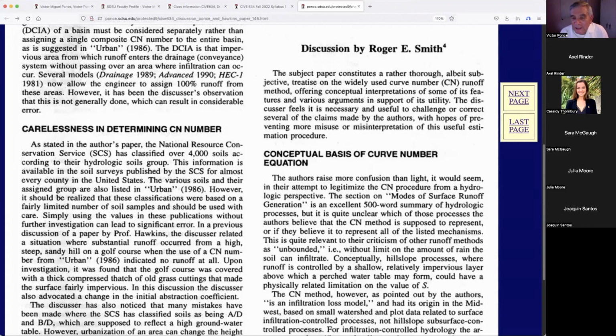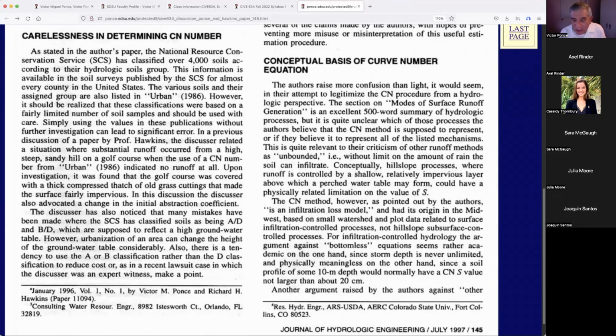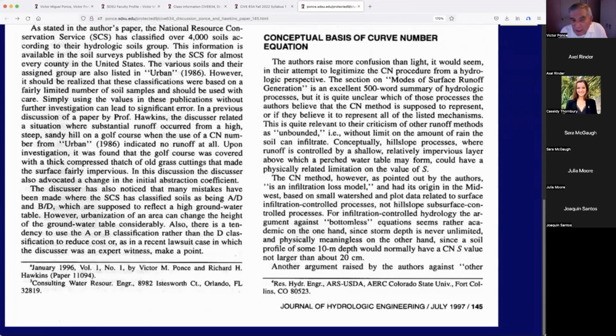The discussion feels it necessary and useful to challenge or correct several of the claims, in hopes of preventing misuse or misinterpretation of this useful estimation. And that's what he does. And I believe in a couple of the places in his long discussion, he may well be in the ballpark. And I may have actually made an oversight or a slight mistake. They were minor mistakes, okay? So I cannot go into detail on this because it would take too long.